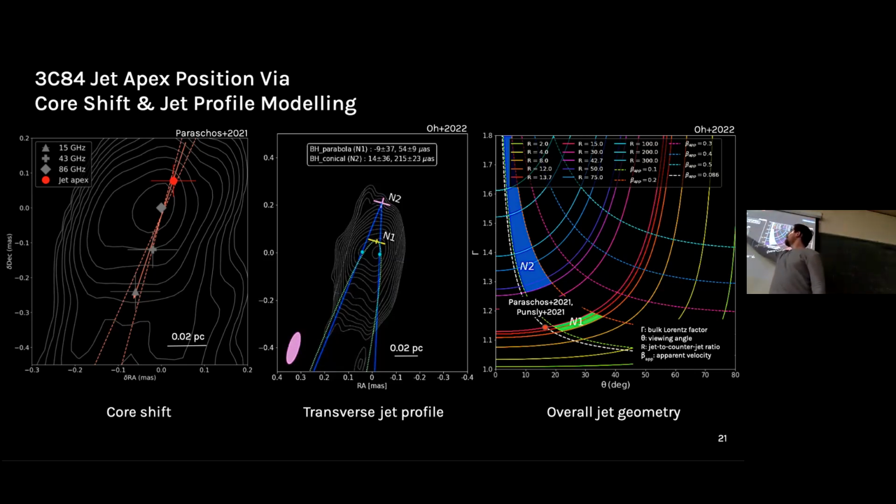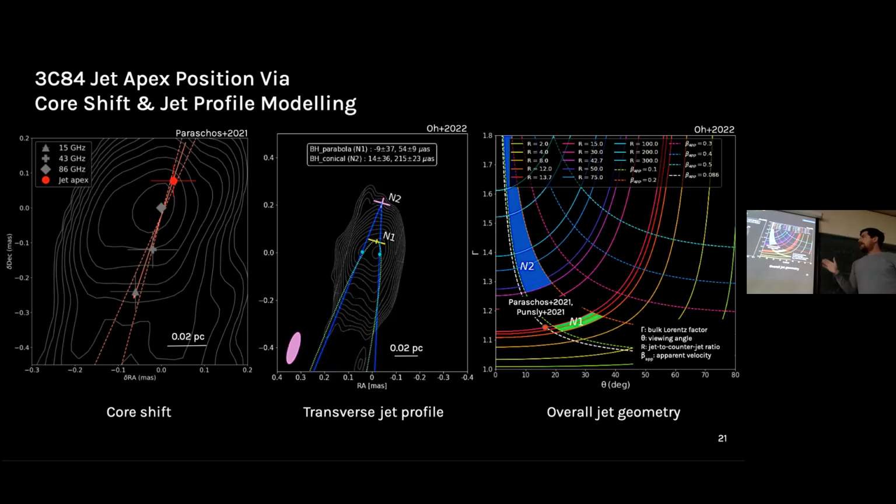And we have the apexes of both. So N1 is the parabola, and N2 is the cone. However, here, the fit did not prefer either of the 2 positions. So we had to go a step further, which is the right plot.